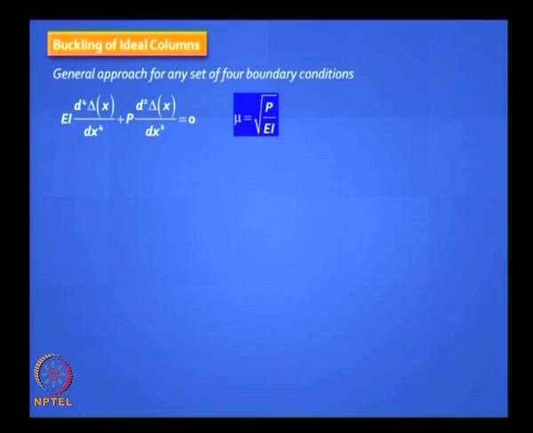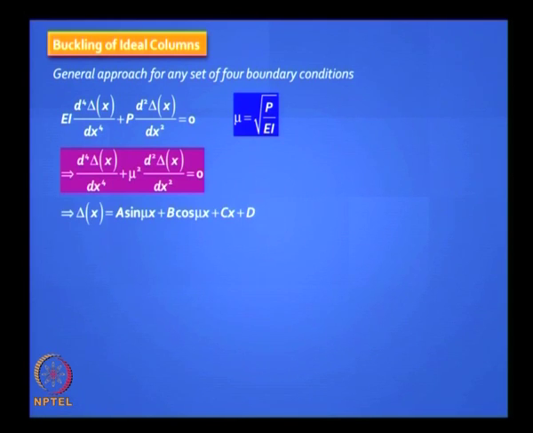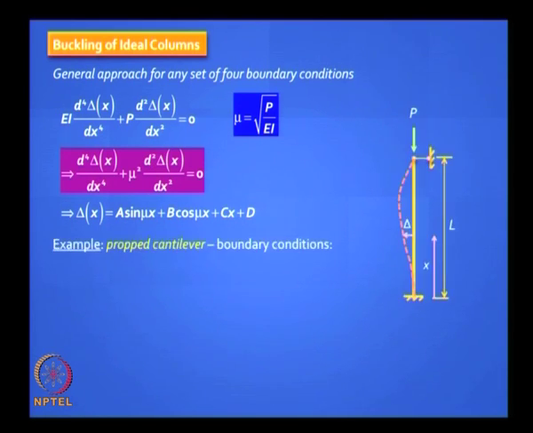How do you solve this? Well, we first do this substitution, we bring in a parameter mu, which is square root of P by EI, and you plug it into that equation, and you get the mu squared term. You solve it. This is a fourth order equation, so you have 4 constants, typically sine and cos, and you just have to apply the boundary conditions, right?